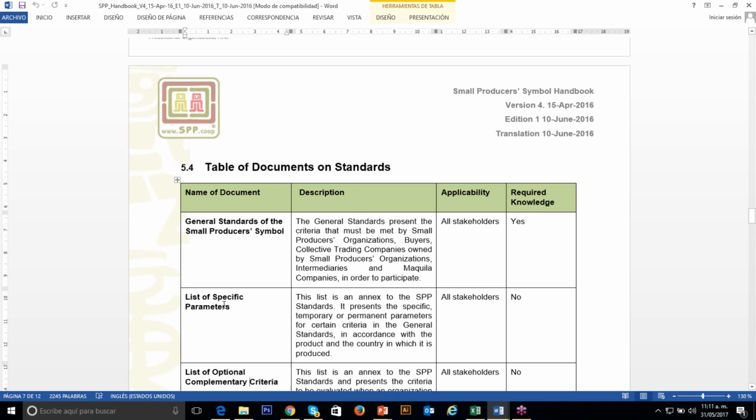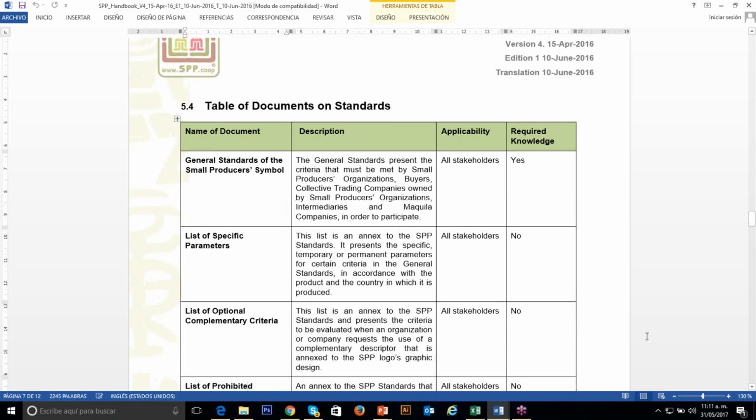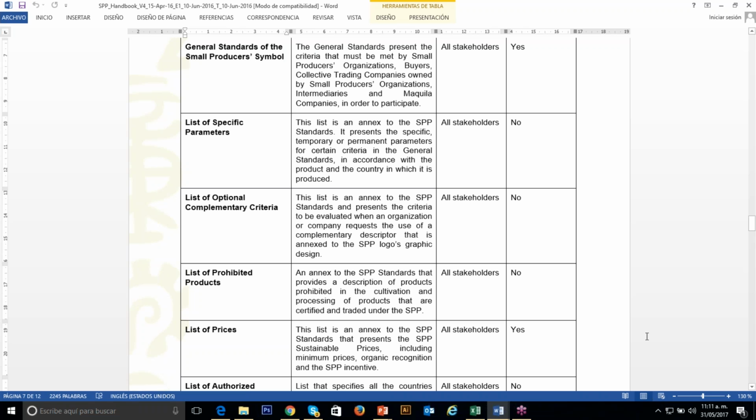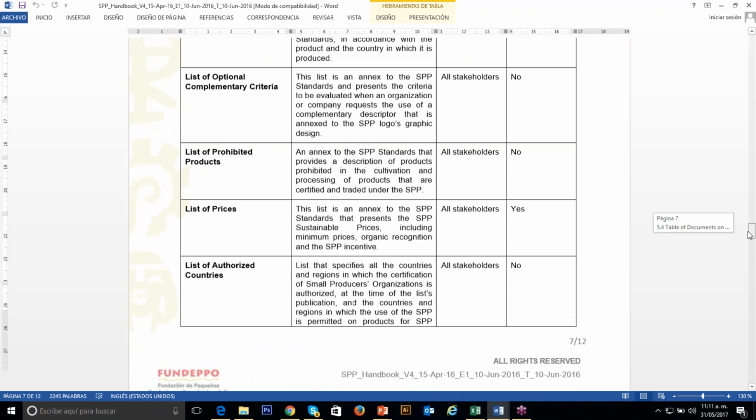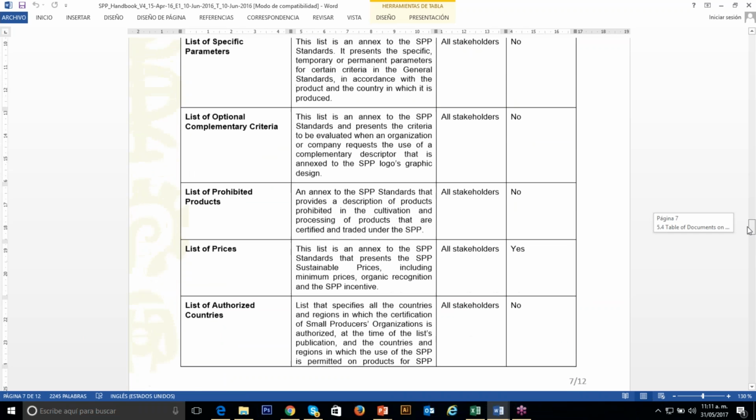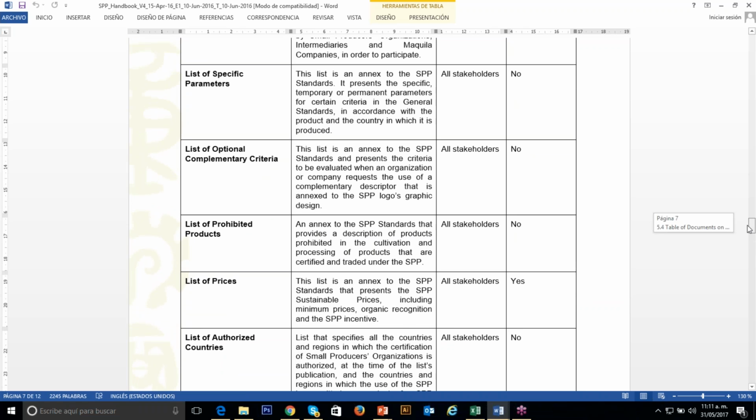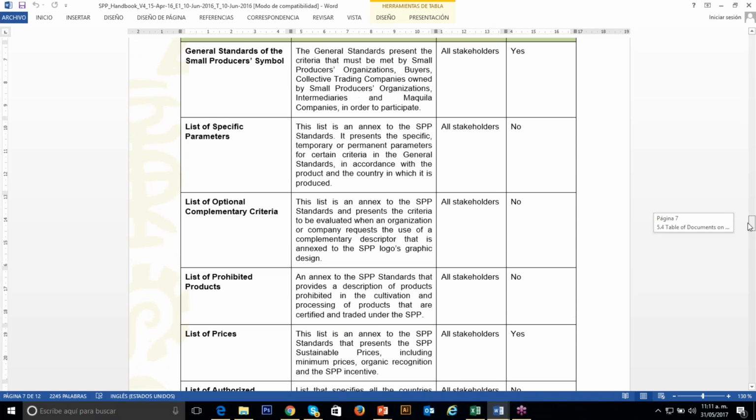The next one is the list of specific parameters. Applicability, all stakeholders. However, it doesn't have required knowledge for all stakeholders. The list of optional complementary criteria is not mandatory or of required knowledge. A list of prices, as you see, it says yes. It means that all stakeholders must know this document.